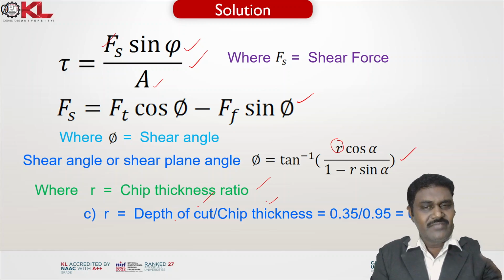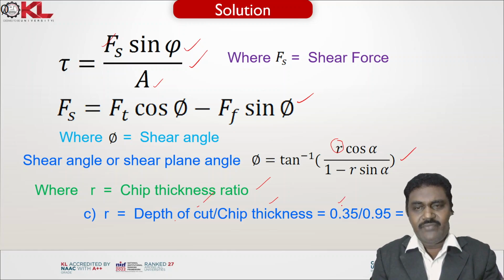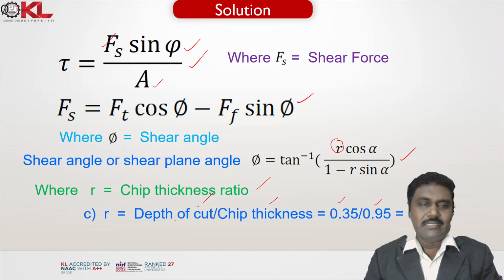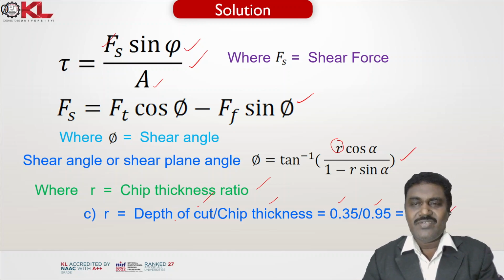The depth of cut is given in the problem, that is 0.35, and the chip thickness is 0.95. Now you obtain this r value as 0.368. So the chip thickness ratio is obtained.